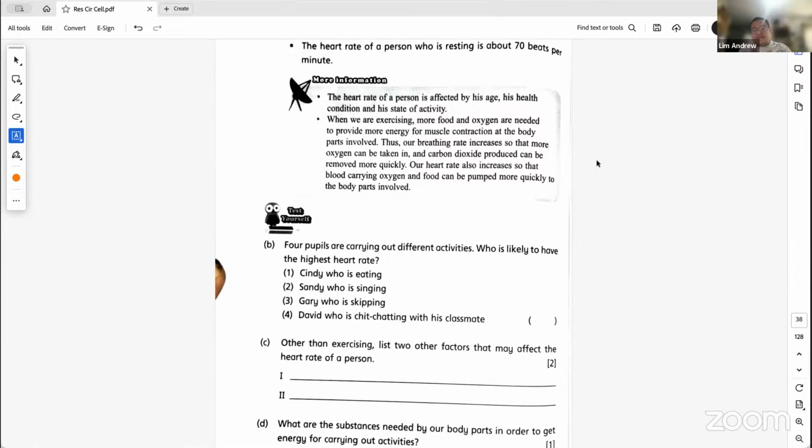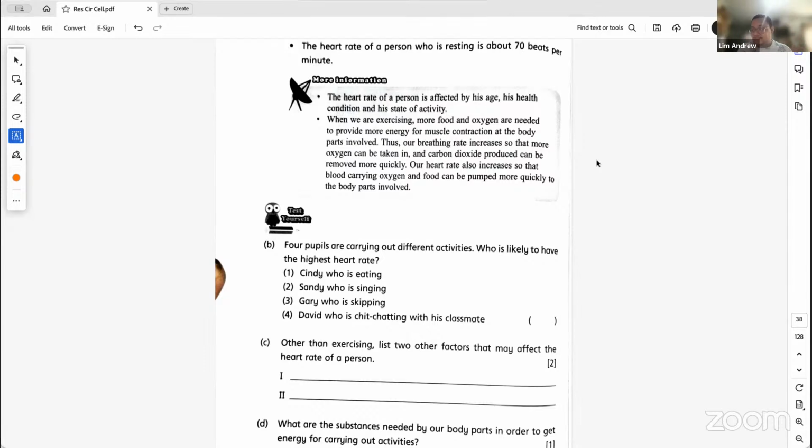This activity is very relaxing. When it is relaxing, your heart doesn't beat so fast because your body doesn't need more oxygen to eat. So the heart rate is very low. So number 1 is actually out.